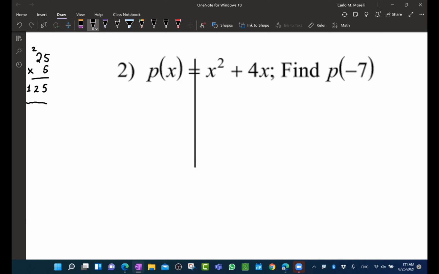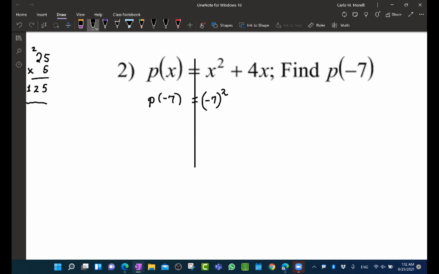You think of -7 as the x value, and then whatever we get when we evaluate this will be the y value. Okay. So we'll write out P of -7 equals. Now, this is where it's so important to put the parentheses, open parentheses, -7, close parentheses, squared.